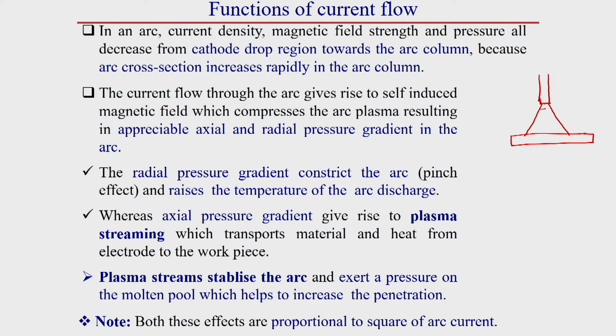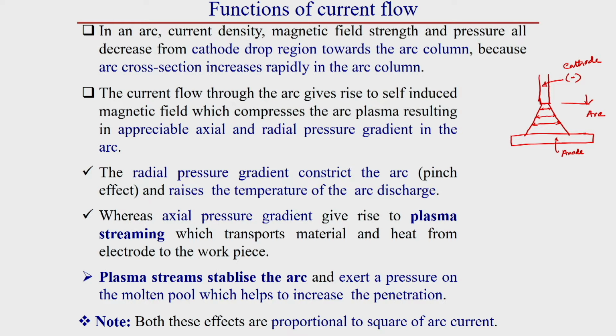This arc cross section gradually increases from the cathode, which is the electrode, to the anode, which is the workpiece. The arc cross section continuously varies from the cathode space region towards the anode space region. That means from the cathode to the anode region the arc structure cross section increases.